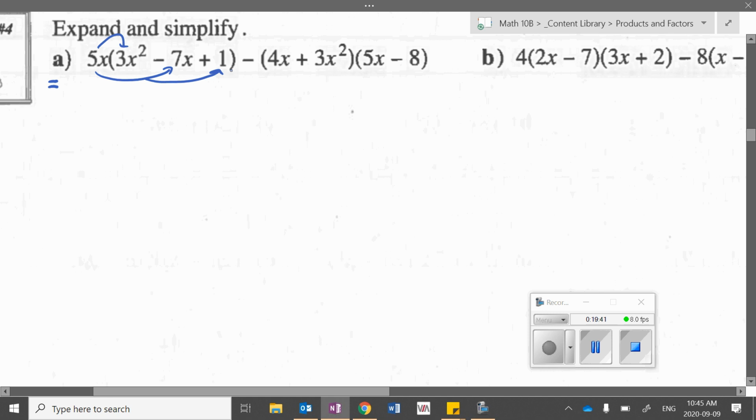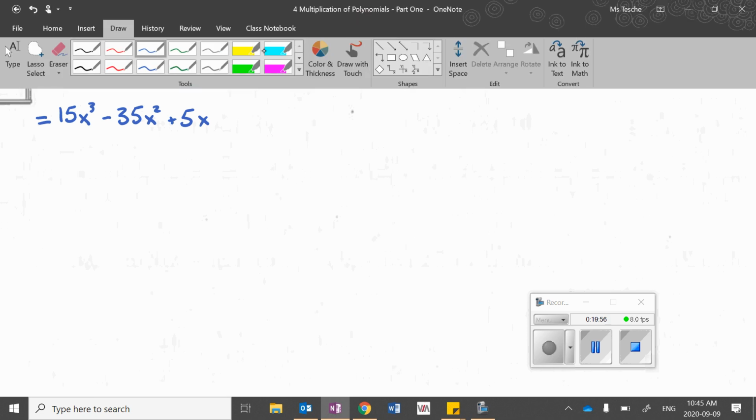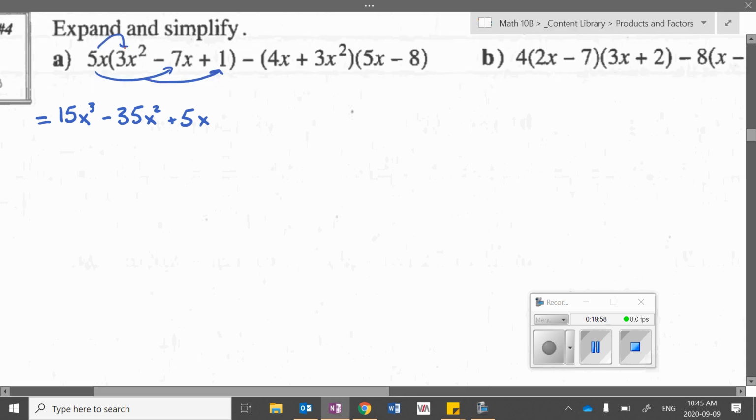Let's deal with that first. So I'm going to get 15x cubed minus 35x squared plus 5x. In this one, I just want to show you it done a different way.